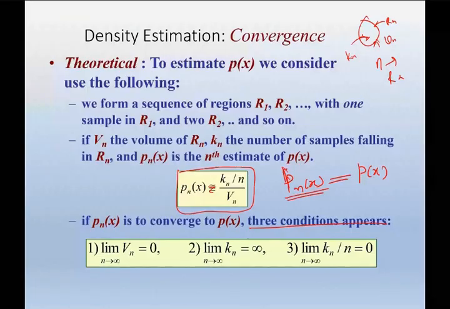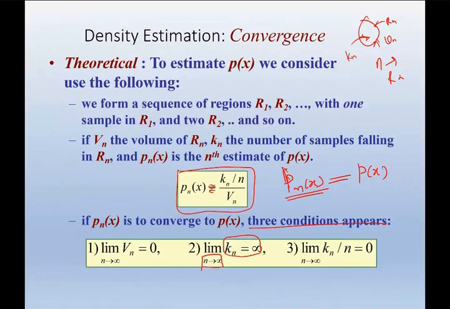Doing so, one must have Kn equal to infinity, limit n tends to infinity, and Kn by n, this ratio should reach 0 when n tends to infinity.